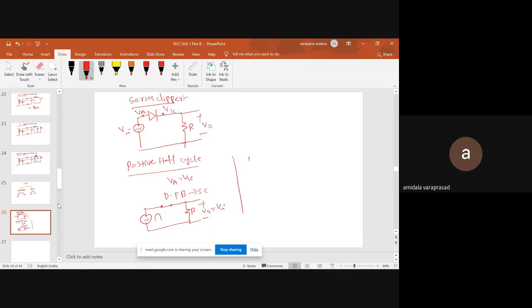For negative half cycle, so let's say negative half cycle. Then what's going to happen? VA is less than VK, then diode is in reverse bias, then open circuit.